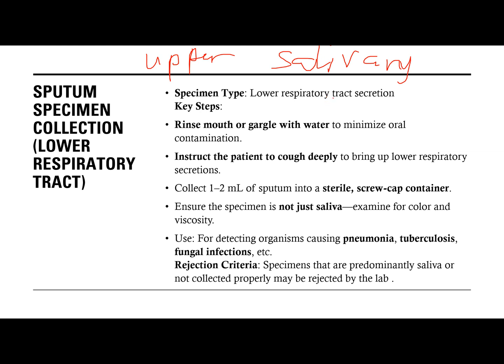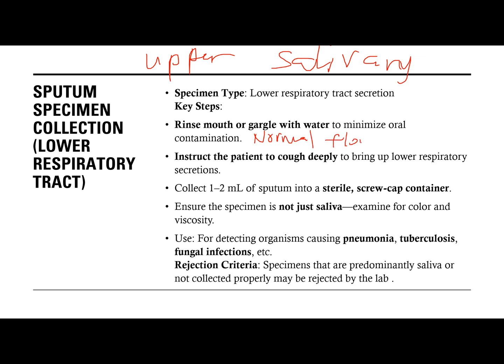Now, when you collect sputum samples or samples from the lower respiratory tract, have the patient rinse mouth or gargle with water to minimize oral contamination. Kasi sa bibig natin, class, we already have bacteria present, specifically yung normal flora natin.